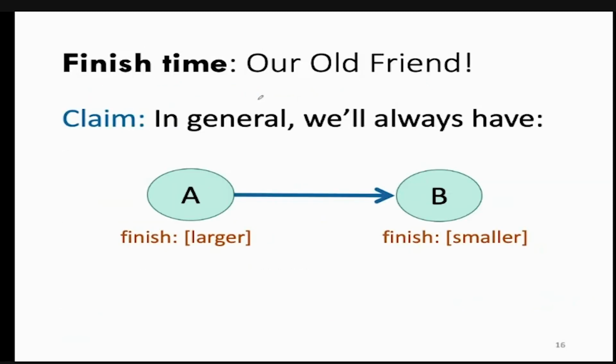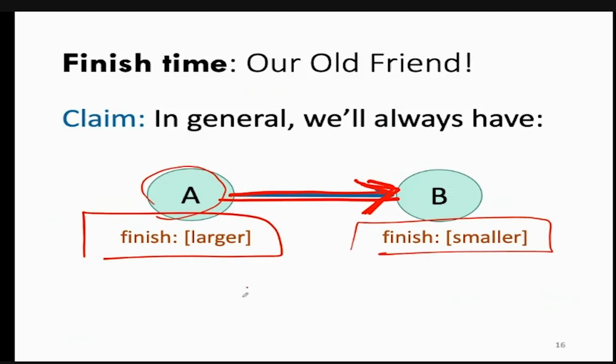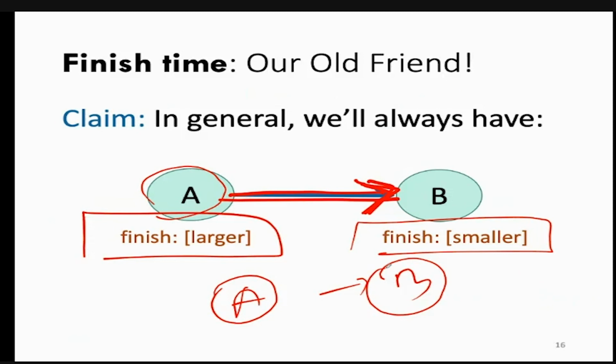So we have, if we have one edge, this will be either a tree edge, forward edge, or cross edge. What we claim in general is, if we have some edge from A to B, then, as we have claimed before, the finish time of A will be larger than the finish time of B. So for any edge A to B, the finish time of A will be greater than the finish time of B. This is our claim.